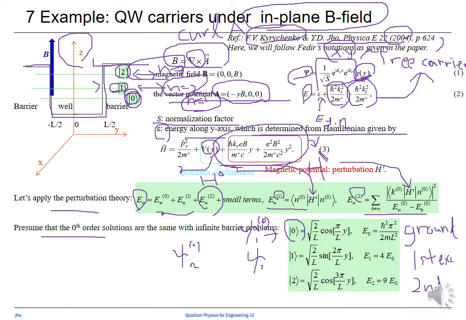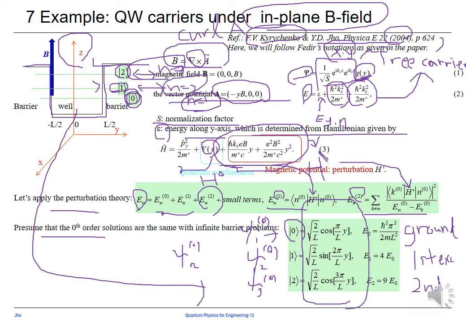So quantum number is 2, quantum number is 3. And also these are not infinite barriers, but we will simplify to be the same as the infinite barrier problem, to make it simple and to show what is going on in terms of perturbation theories.